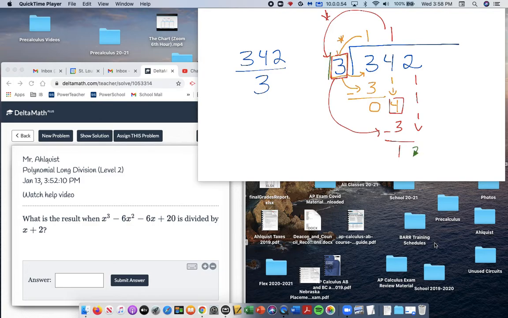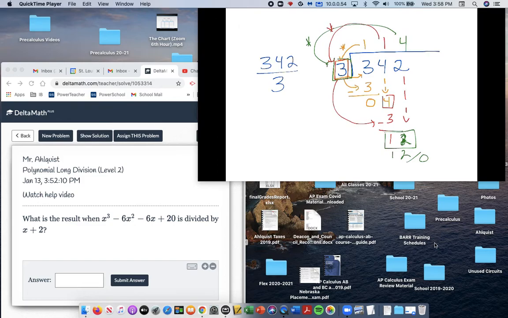And then we say, how many times does this 3 go into 12? 3 goes into 12 4 times. 4 times 3 is 12, and we get 0. What we find out then is this value up here is our answer. This value down here is our remainder. So 342 divided by 3, if you put that into a calculator, you get 114.